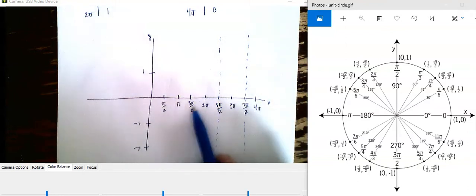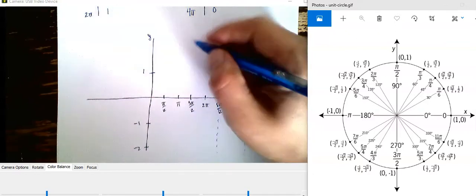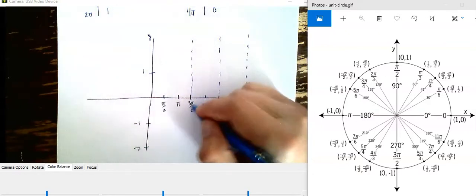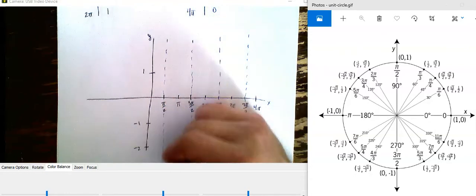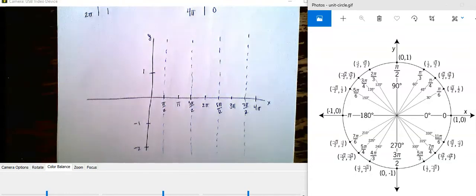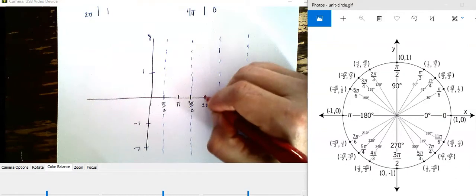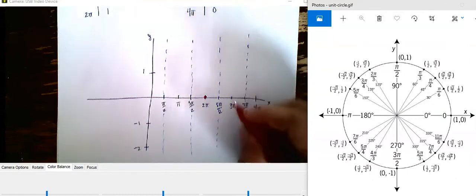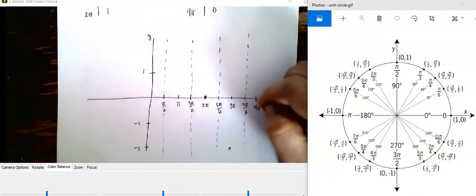Let's think about where the other ones would be. It's every pi units here, so at 3 pi over 2 and at pi over 2. Now at 2 pi we're at 0, at 3 pi we're at -2, and at 4 pi we're at 0 again.